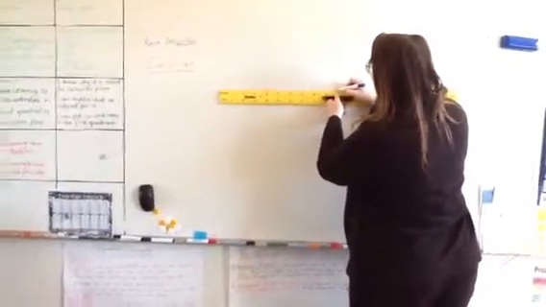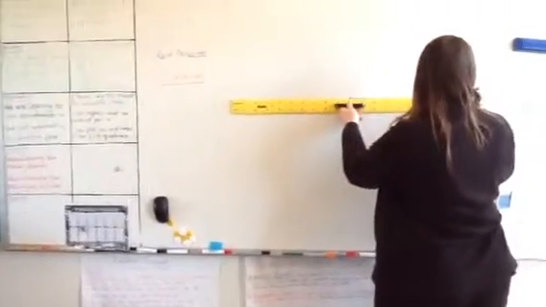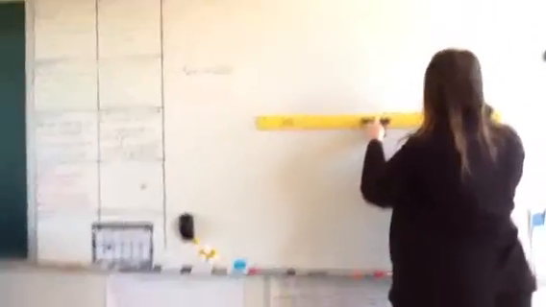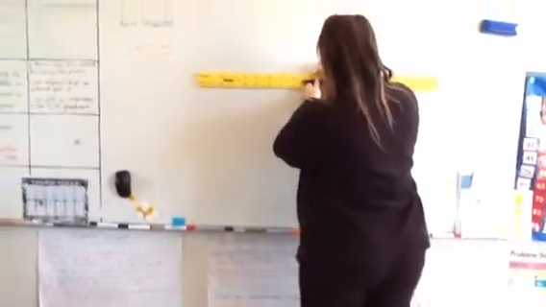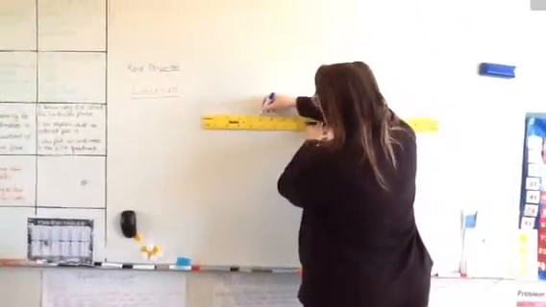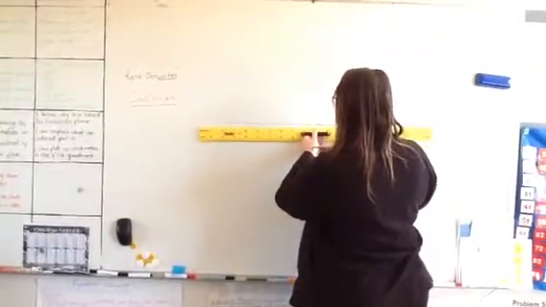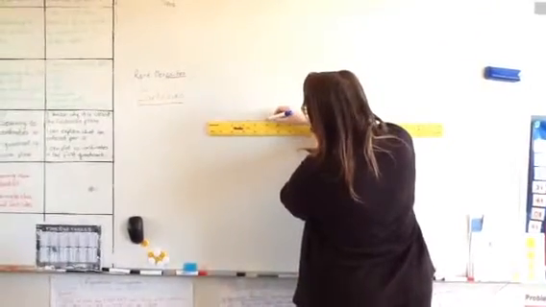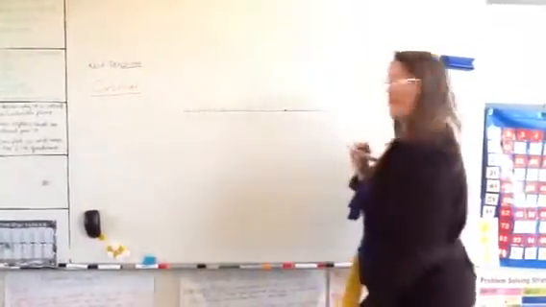If I make that the middle, alright, so this point here on a number line would be 0.